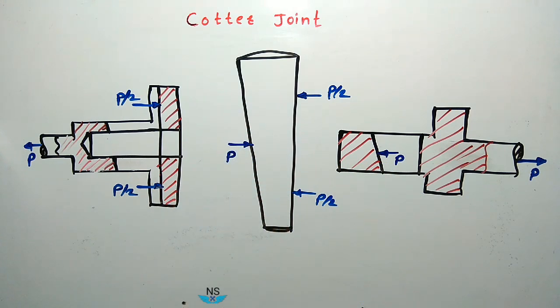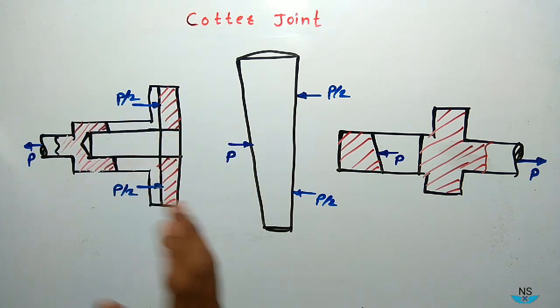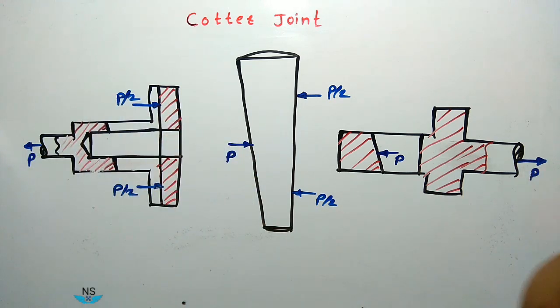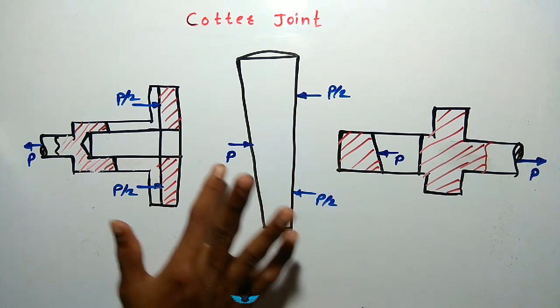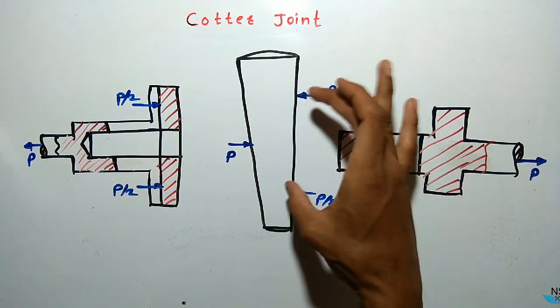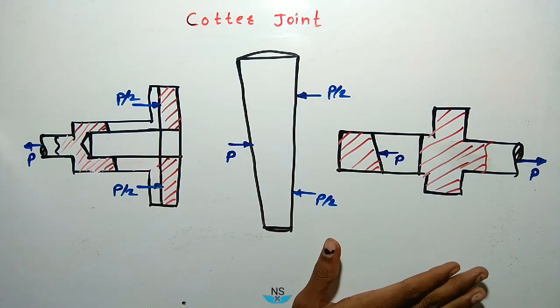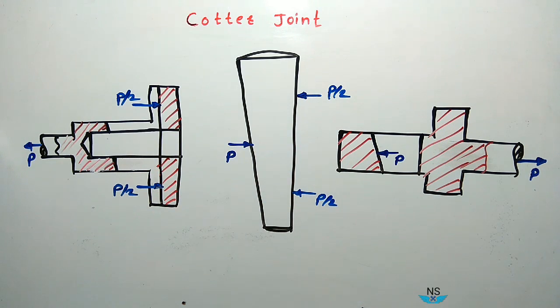So you can see total P, compressive load, and also P by 2 plus P by 2. So all the components are balanced here.